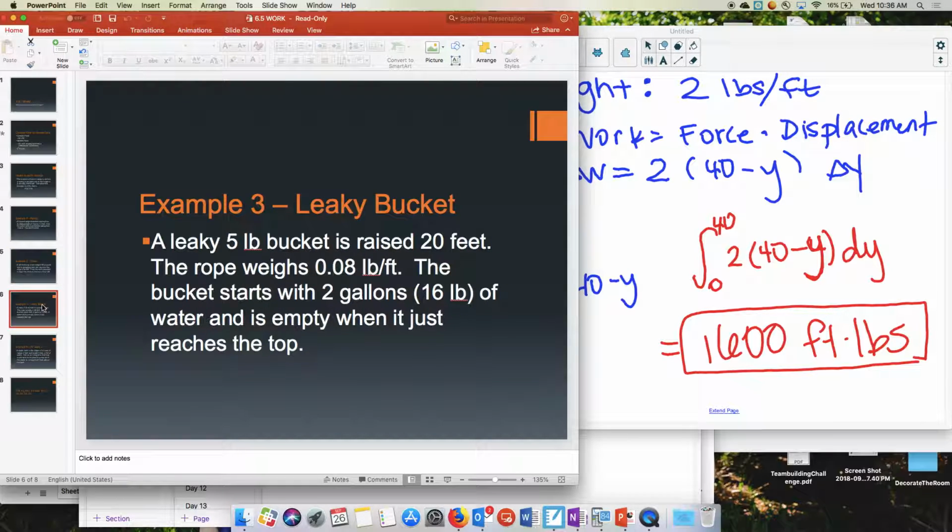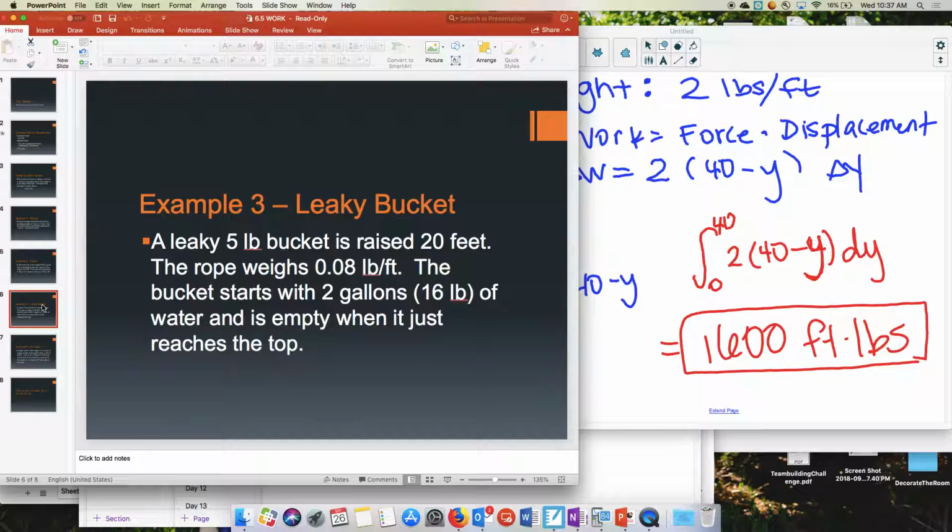The leaky bucket. Read it. We have a leaky bucket that is 5 pounds and is raised 20 feet.